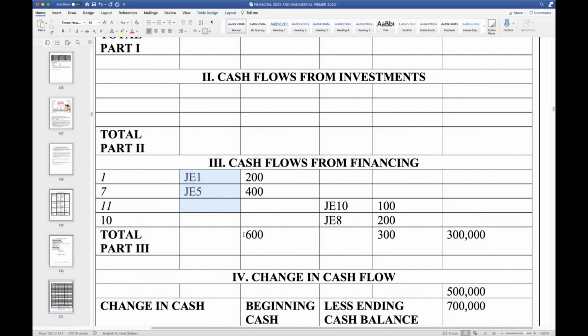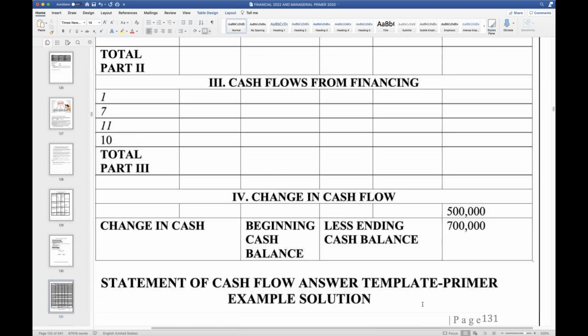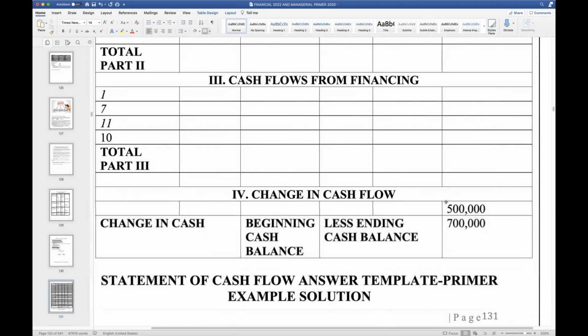Okay, so I got this template out for you. So first of all, you need to understand what we're doing. I hope you got that now.